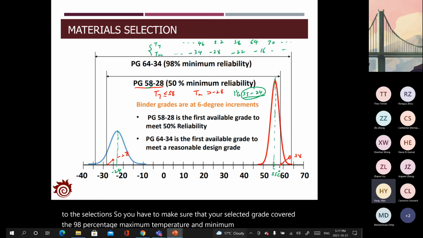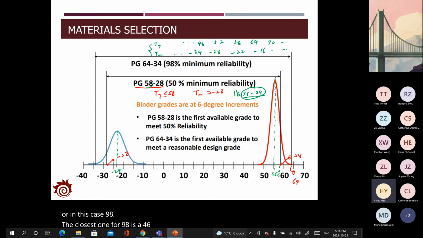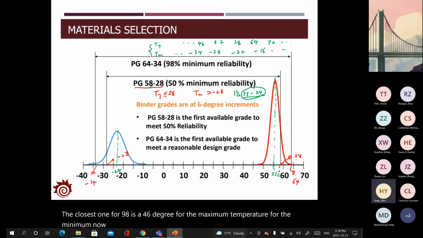In this case, the closest one for 98 is 64 degree for the maximum temperature. For the minimum, that will be minus 34. So what you get is the PG 64 minus 34.